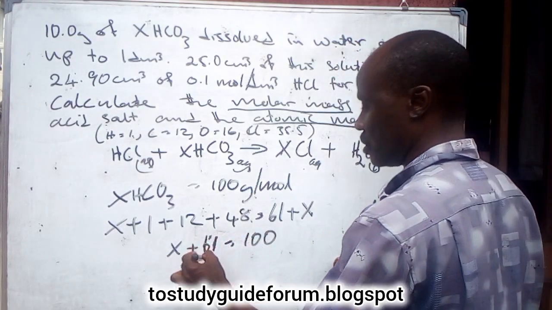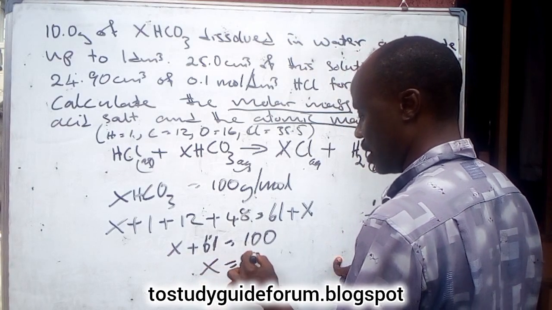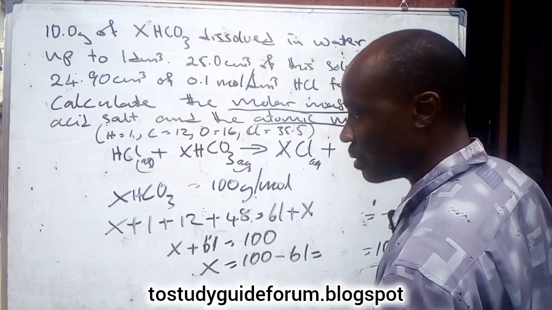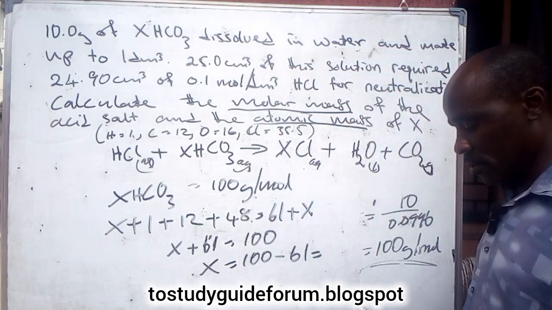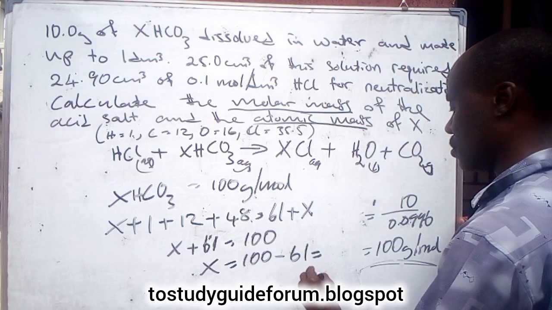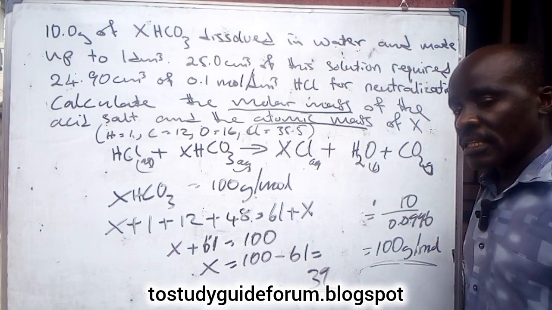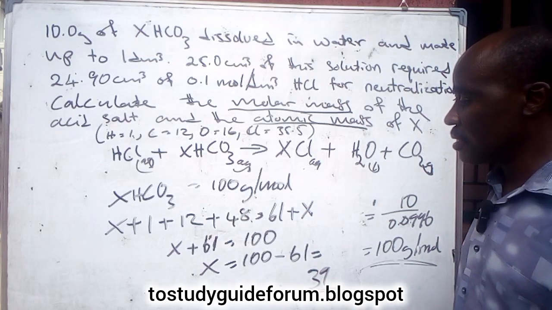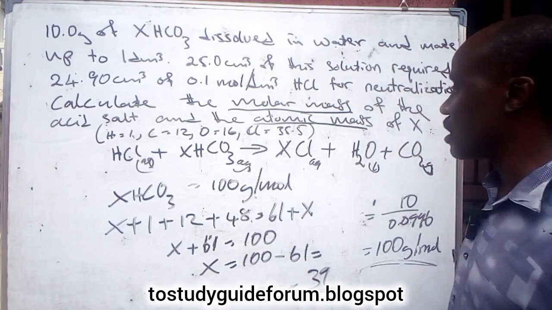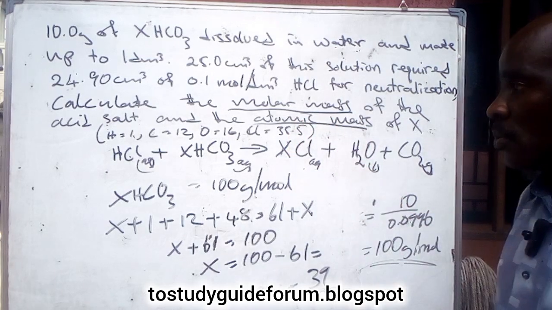Then X will be equal to 100 minus 61, which will give us 39. That means X is equal to 39, which is the atomic mass of the substance we are looking for.